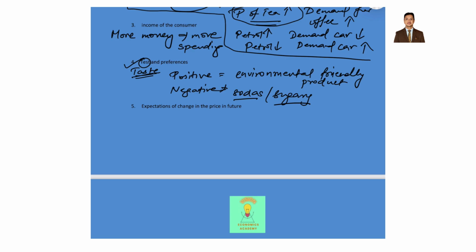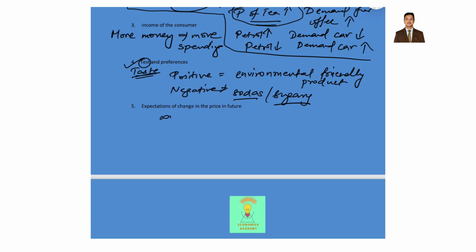An example about buying more, expecting the price to rise, is how people expected the price of all essential commodities, mainly the groceries, to rise during the COVID time, right?